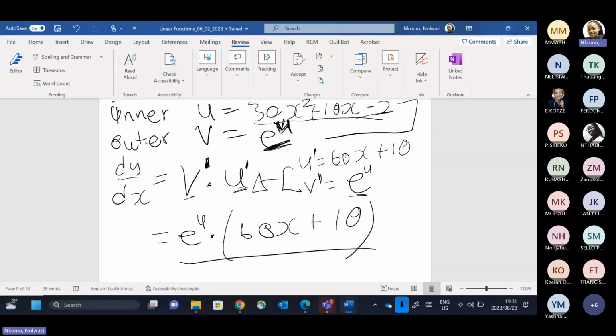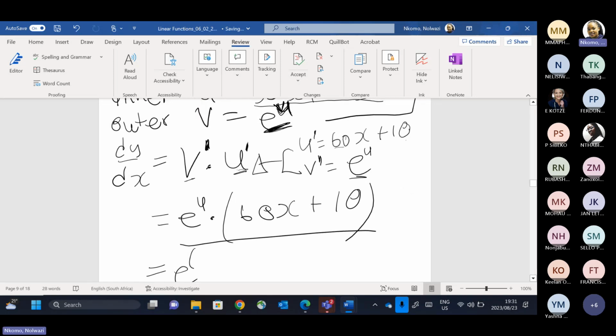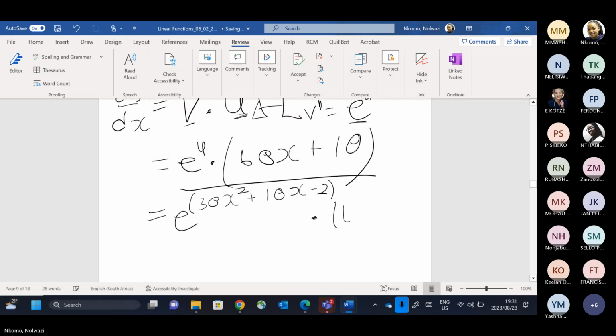We said u is equal to 30x squared plus 10x minus 2, so our final answer would be e to the power 30x squared plus 10x minus 2, times 60x plus 10. It's the derivative of this function times the derivative of this function.